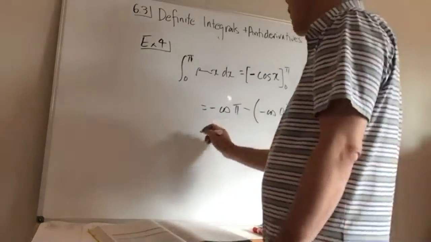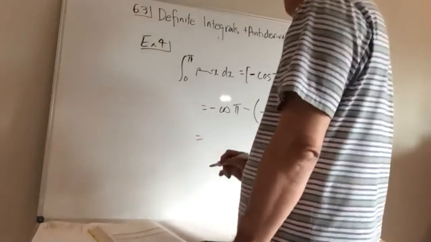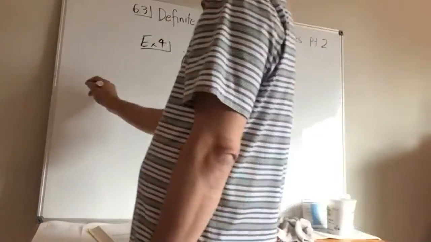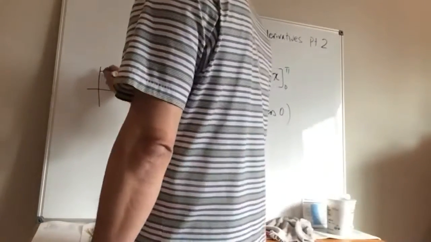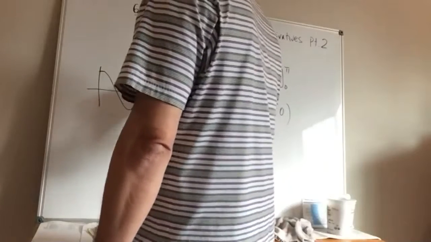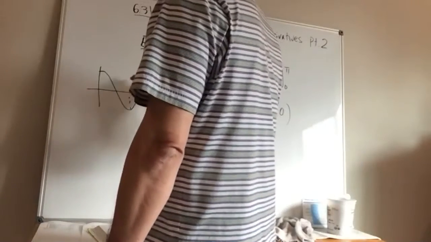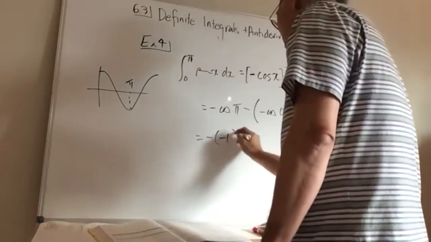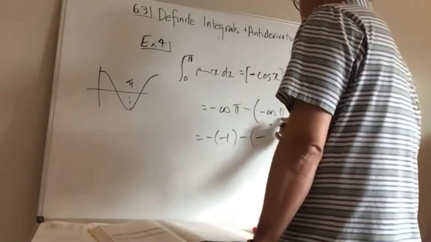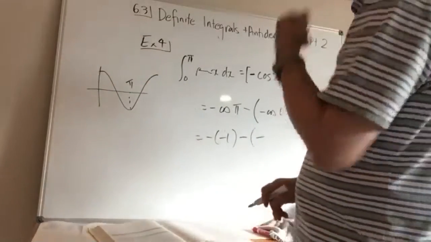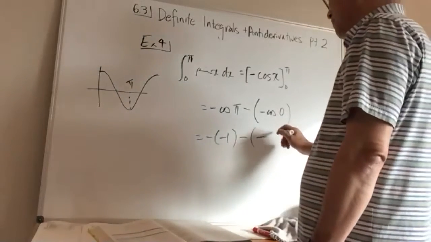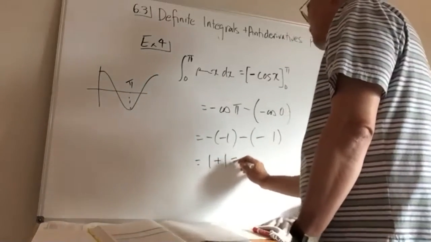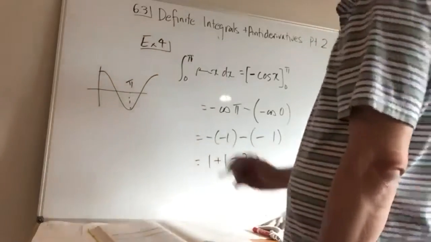Cosine pi is what? What's cosine pi? Negative 1, right? So it's going to be negative 1 minus, what's cosine 0? 1. Remember we talked about this.